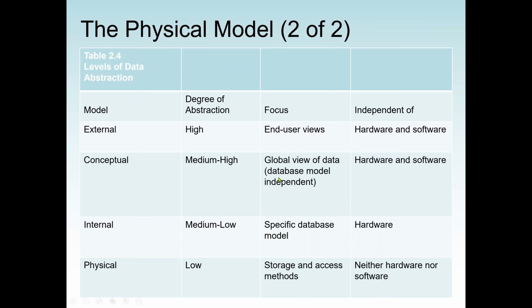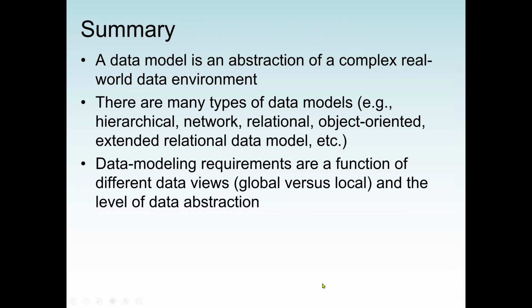It's a global view of data, independent of the database model, and it is based on neither hardware nor software. Internal is medium low, which is a specific database model, and it is hardware independent. Then physical is low degree of abstraction, focusing on storage and access methods, and this is neither hardware nor software independent.